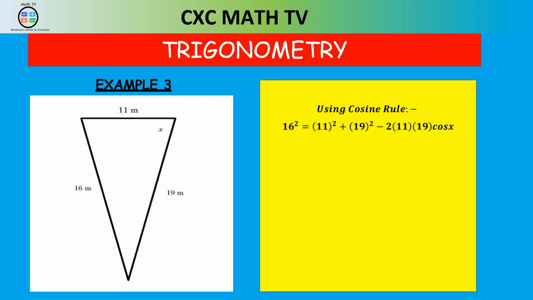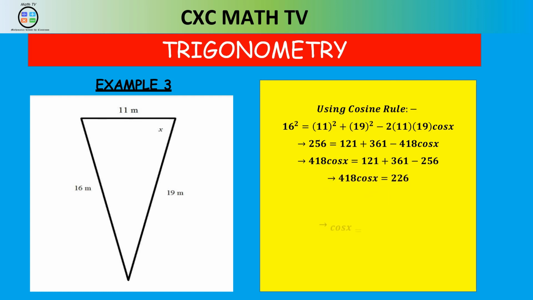Now 16 squared is 256. So 256 is equal to 11 squared is 121 plus 19 squared is 361 minus 2 times 11 times 19 is 418. So that's 418 cos x. So 418 cos x is going to be equal to, we add 121, we add 361, and we subtract 256.